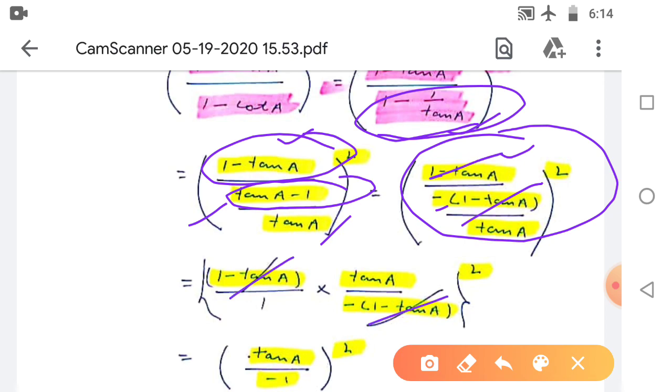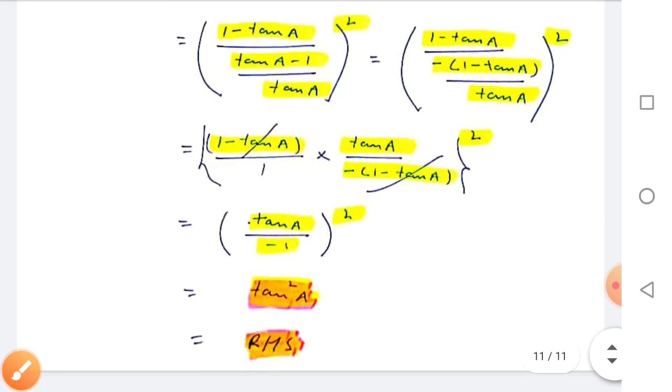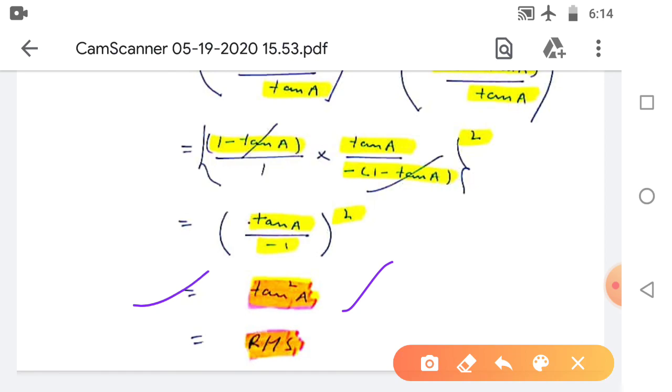We are left with tan A upon minus 1. This is important, we still have the minus. So in the denominator we write tan A upon minus 1, and the square of this is tan square A.